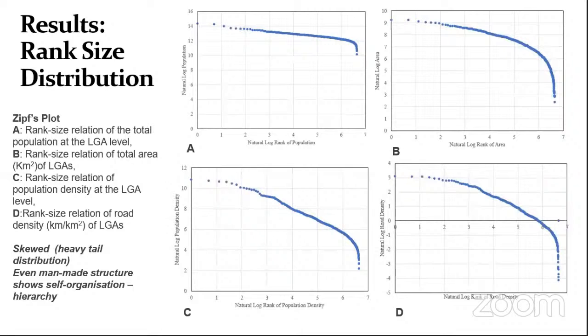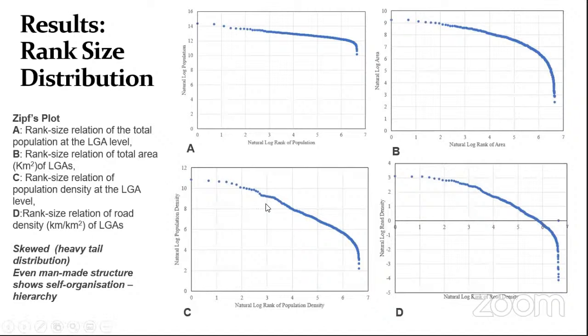Just as expected, if we look at the population, the surface area covered by each local government, the population density as well as the road density, it is evident from this chart that they follow Zipf's law, or the scaling law, which means they are heavily skewed. They have a very heavy-tailed distribution.